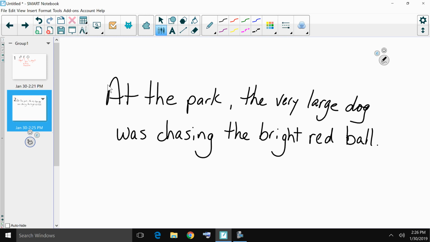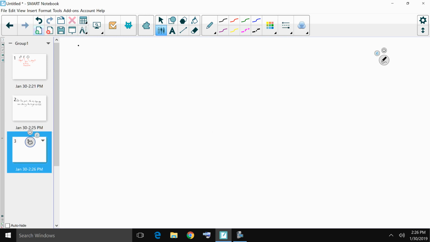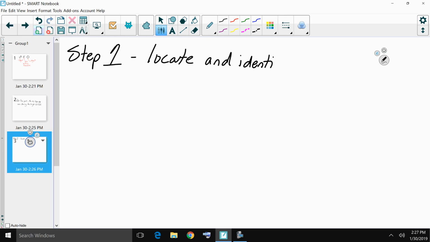So if you're looking at the sentence, step 1. Locate and identify the function of the verb(s).